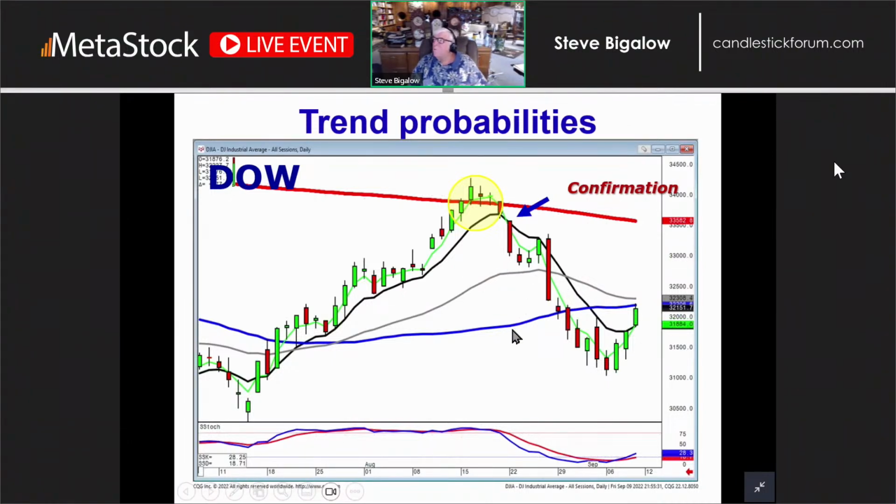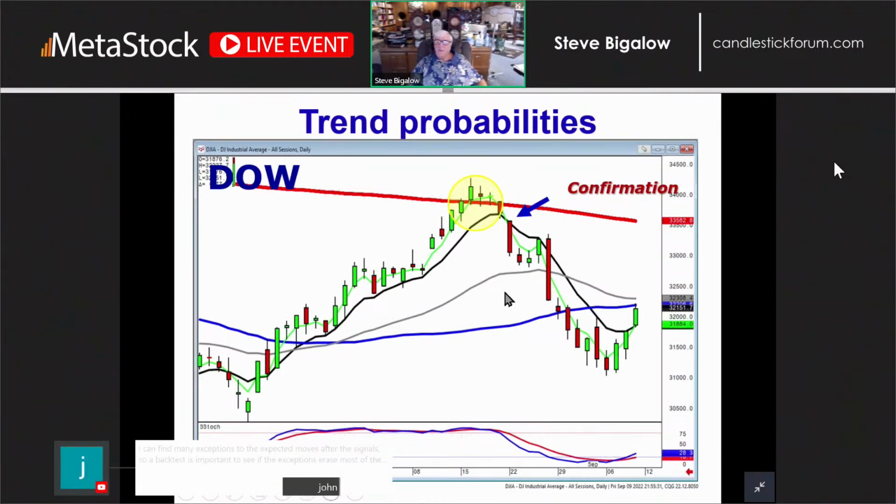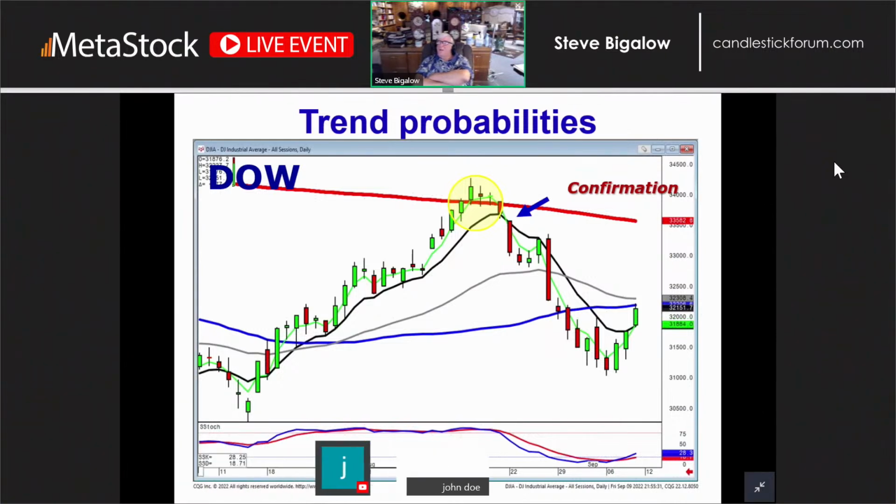So this is not rocket science. This is just identifying what the Japanese rice traders have illustrated for hundreds of years of changes of investor sentiment, and then indicators. Somebody was asking today in our chat room, did the Japanese rice traders have indicators that told you you were overbought or oversold? I don't even know the answer to that.